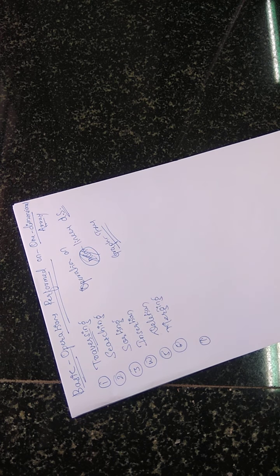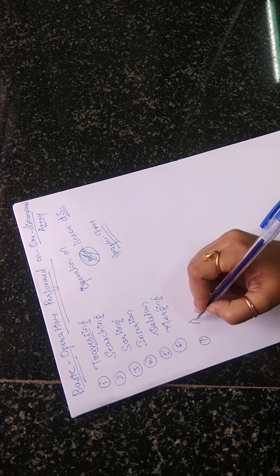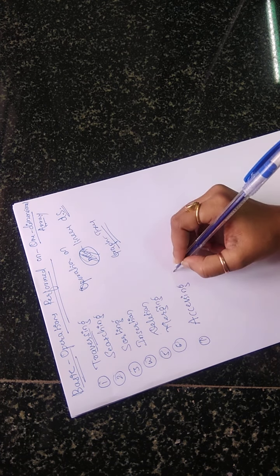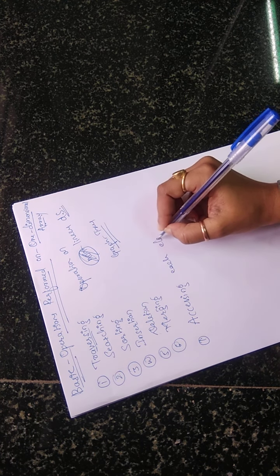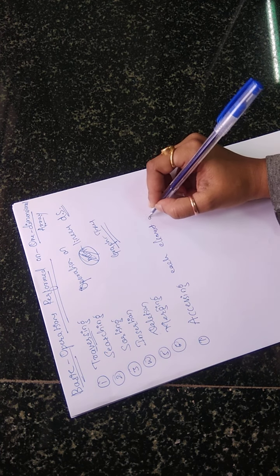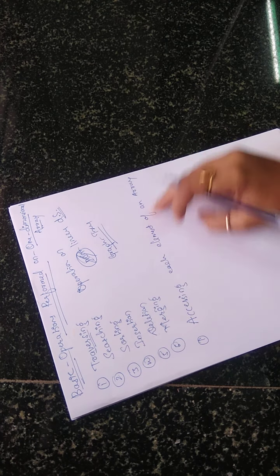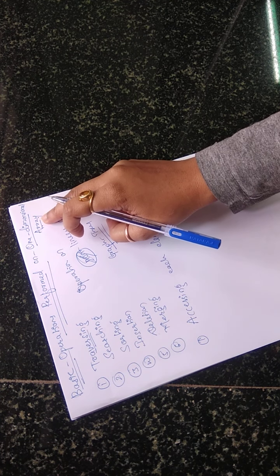Traversing means accessing each element of an array exactly once to do some operations. Remember. So what is traversing? Traversing is nothing but accessing each element of an array exactly once to perform some operation on that data. The word array should be there when you are talking about operations on an array.